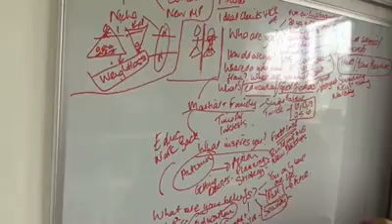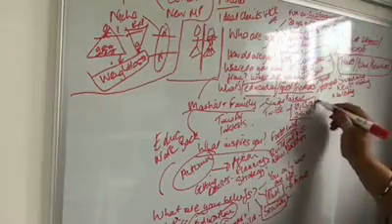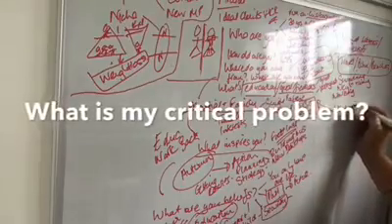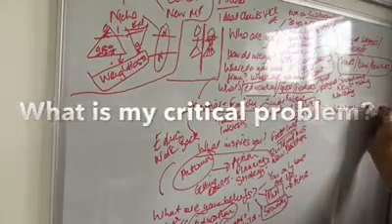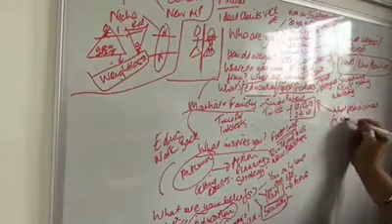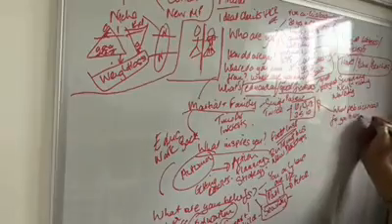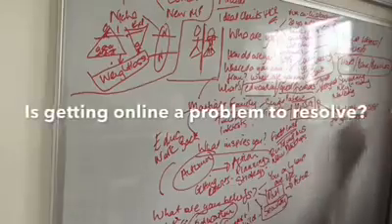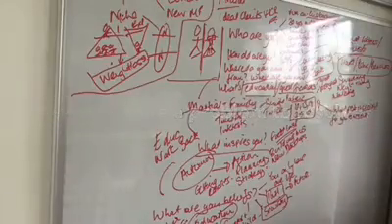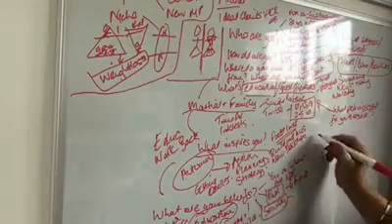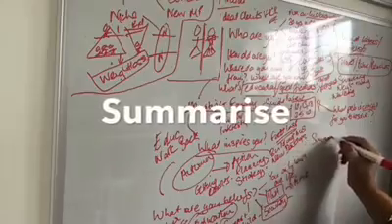And then what you want to try and do is think about, for yourself, what problem is critical for you to resolve. And if you're looking at setting up online, hopefully those align, that is the critical problem that you want to resolve. If it isn't, then you shouldn't be considering setting up online at this moment in time. And then you just want to try and summarize all of this in a few sentences.